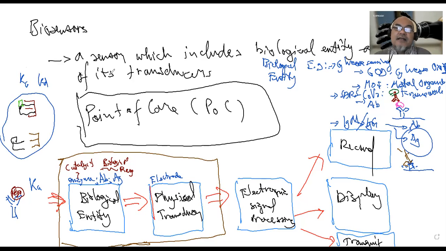In antibody and antigen reaction, the binding is very strong, and usually there is not much electron exchange. That is why we cannot use an electrode to detect antibody and antigen reaction unless we modify the reaction. What happens when antigen is bound to antibody is a mass change.